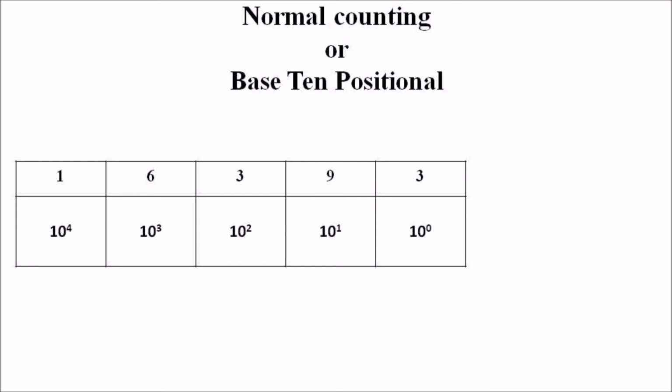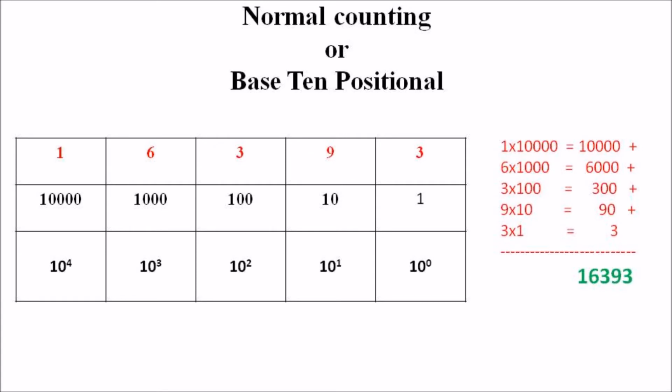The 3 is located in the 10 raised to 0 position, 9 in the 10 raised to 1 position, 3 in the 10 raised to 2 position, 6 in the 10 raised to 3 position, and 1 in the 10 raised to 4 position.